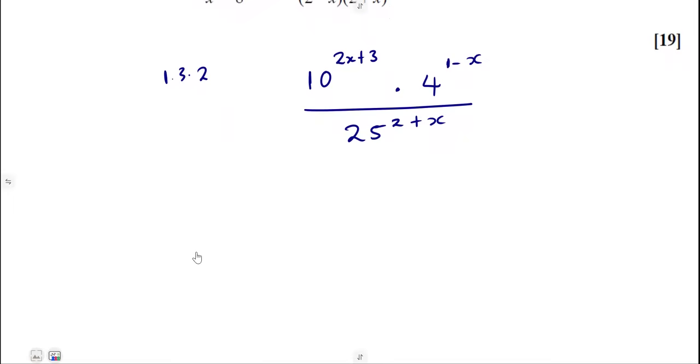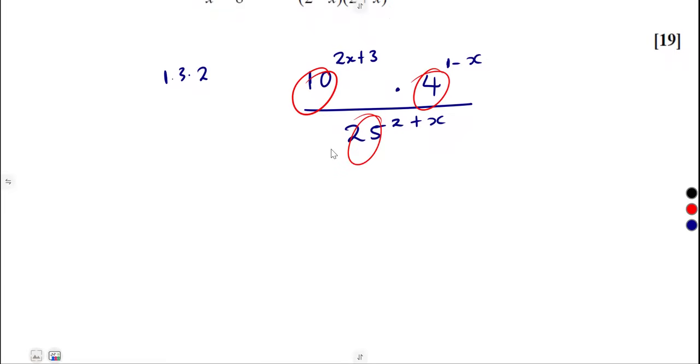All right. So whenever you are dealing with simplification, it is very important that you consider how the question is given. There is a 10, there is a 4, there is a 25. These numbers have something in common. There is 2, 5 there.